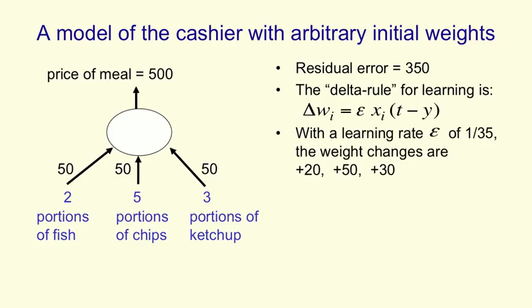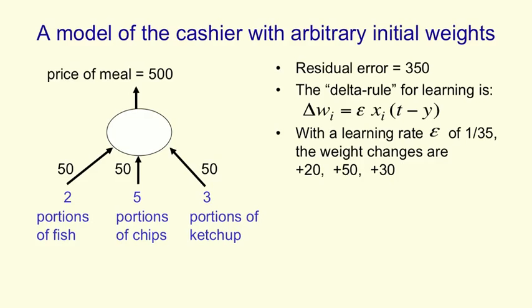So if we make the learning rate be 1 over 35, so the math stays simple, then the learning rate times the residual error for this particular example is 10. And so our change in the weight for fish will be 2 times 10. We'll increase that weight by 20.